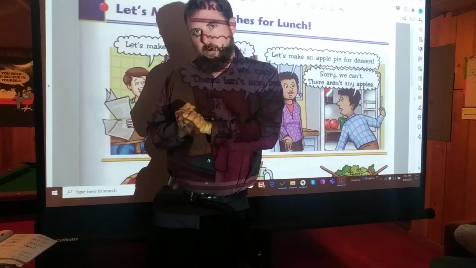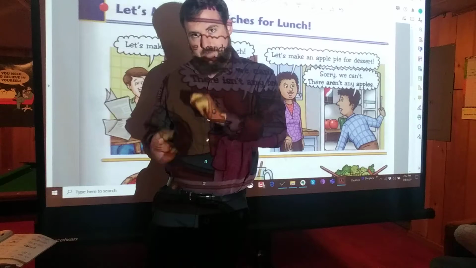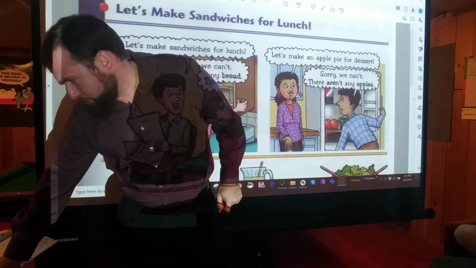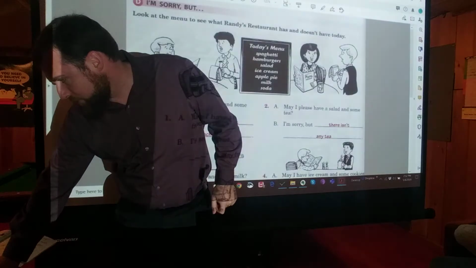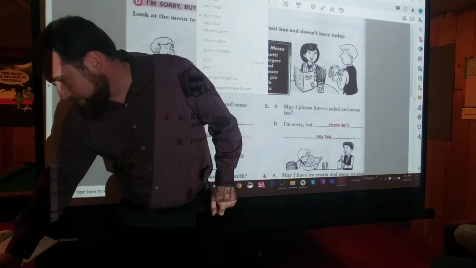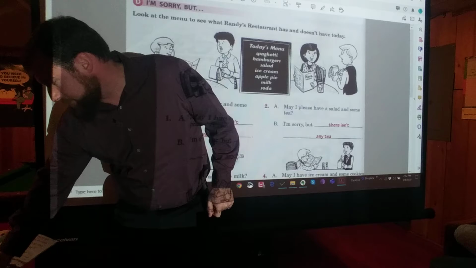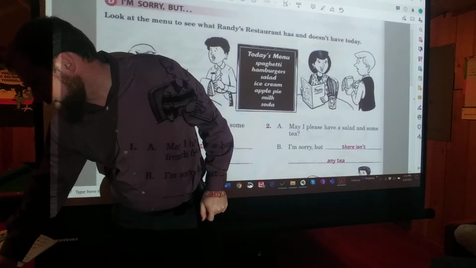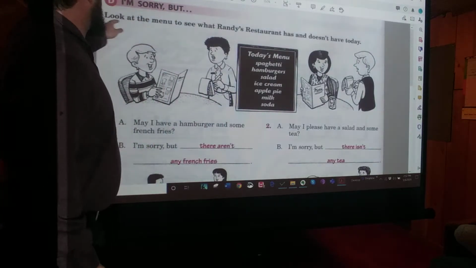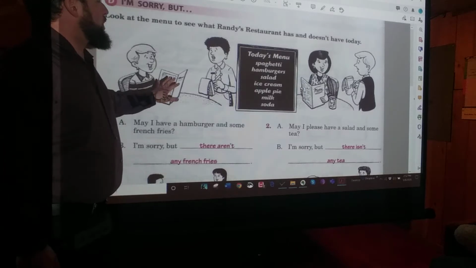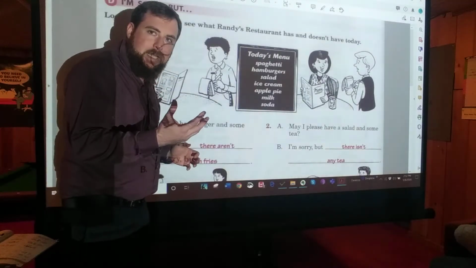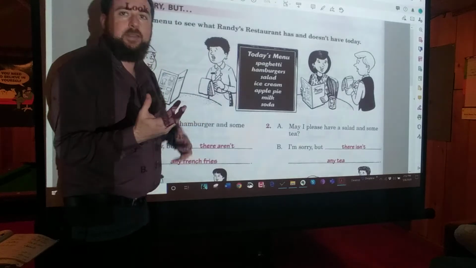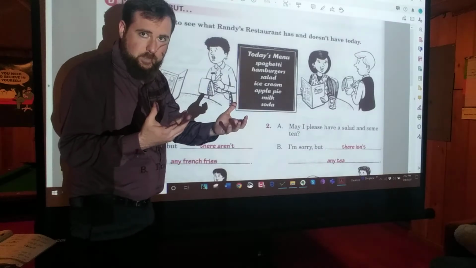Let's go over to the writing activity now, okay? So down here to our activity, page 14. Here we have pretty much the same idea. Now the people are at a restaurant, but we're still going to talk about whether there isn't any of something and there aren't any of something.